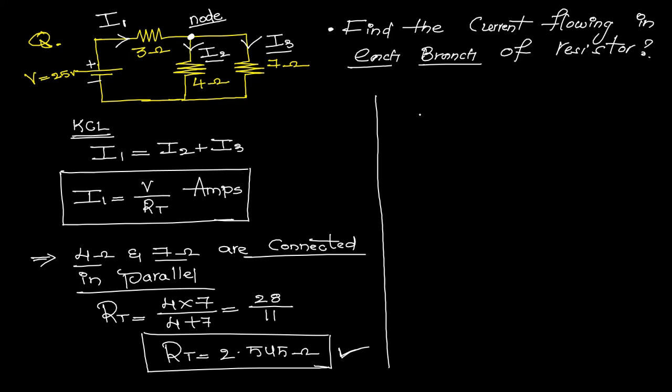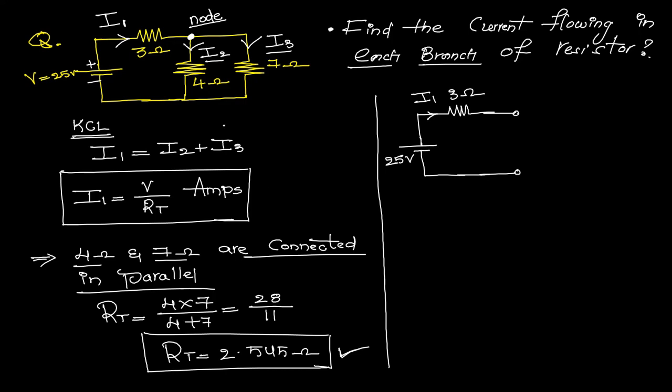Now I am redrawing this particular circuit by replacing the 4 ohms and 7 ohms parallel combination with its resultant. Now see here, this one is the value of 3 ohms and the current flowing through this one is I1, and here we are applying 25 volts.